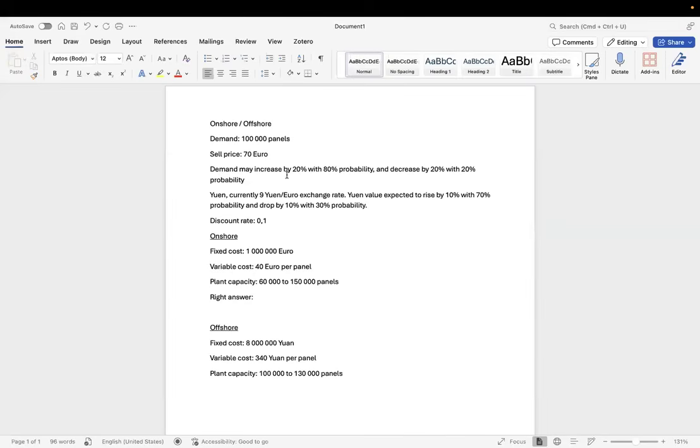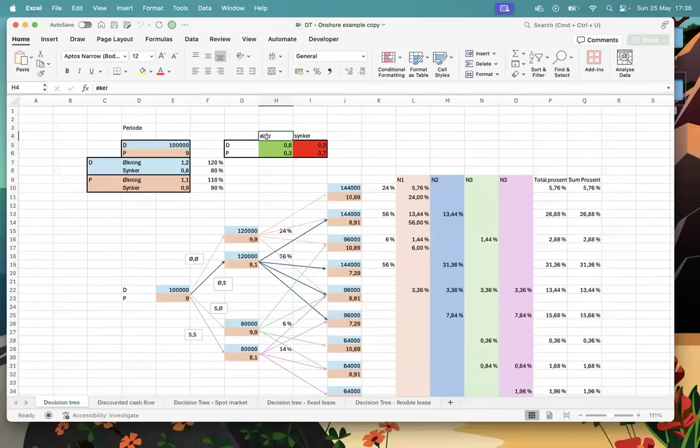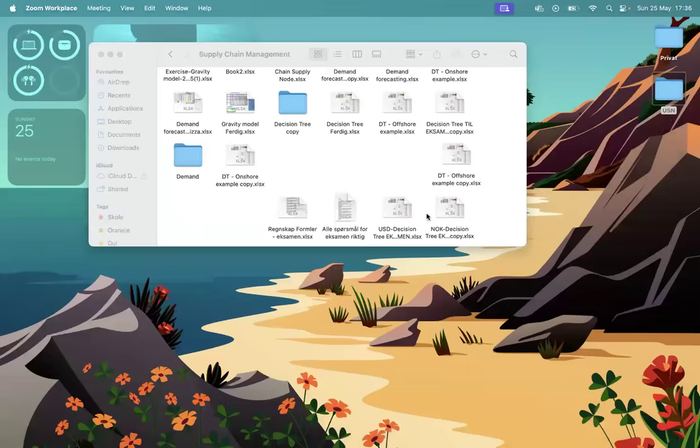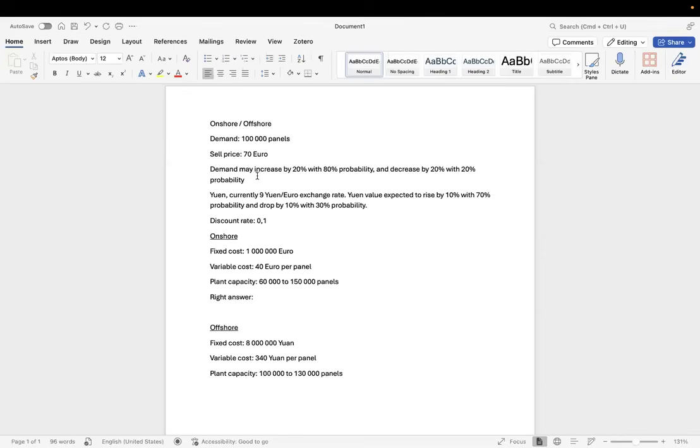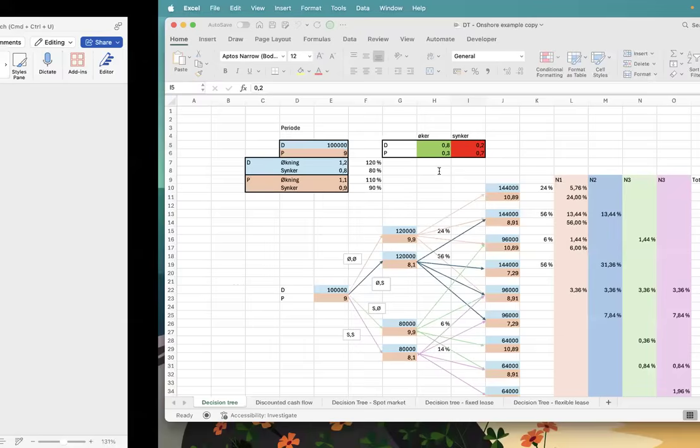We were told that demand may increase by 20% with an 80% probability, like we have here, the green one is increase, and a 20% probability of decrease.